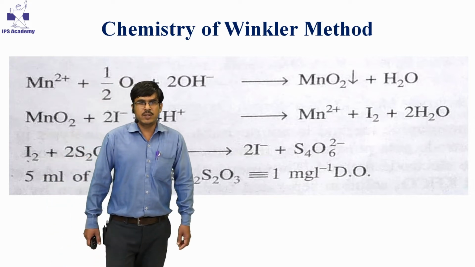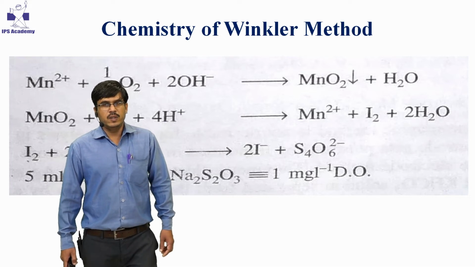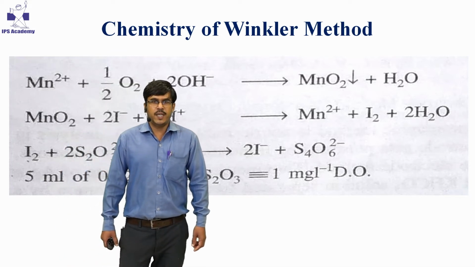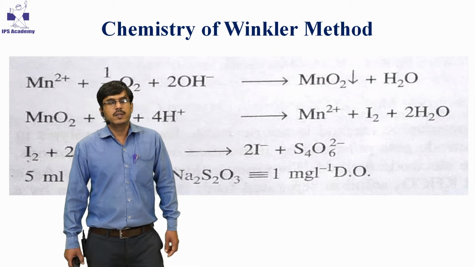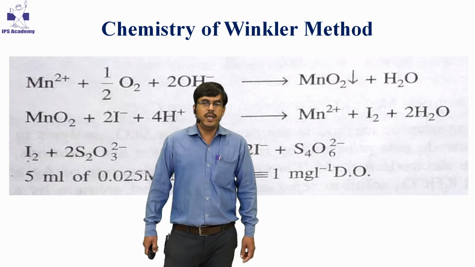When sulfuric acid and potassium iodide are added to this manganese dioxide precipitate, manganese dioxide turns the iodide ions into iodine. The produced iodine will be proportional to the amount of manganese dioxide generated by the reaction of manganese ion and oxygen.